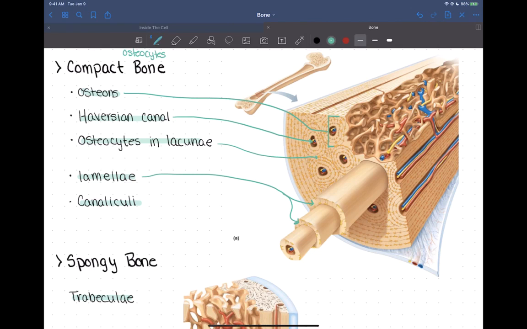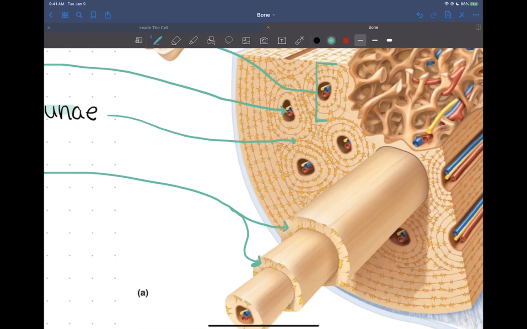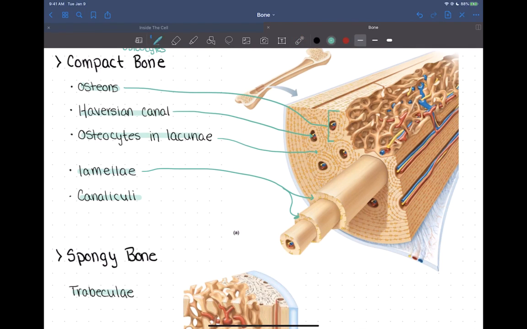And then if we look closely, those bone cells are connected to each other by little channels that reach out from one cell, one lamella, to the next. Those are called canaliculi. The function of the canaliculi is to connect those lacunae, those osteocytes, to each other.